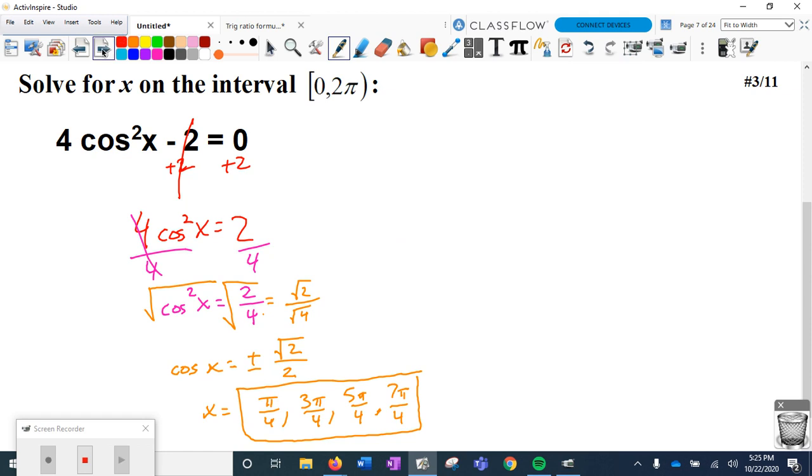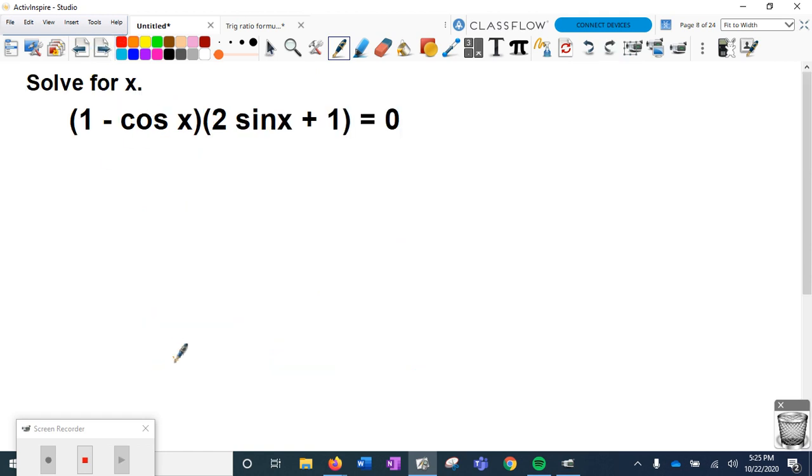All right, now here's the other type that you're going to see today. Take a look at that. Okay, that does not look nice. What does your instinct tell you that you need to do with this? Well, if you remember what we did when we were simplifying, you're probably thinking, man, I need to distribute.